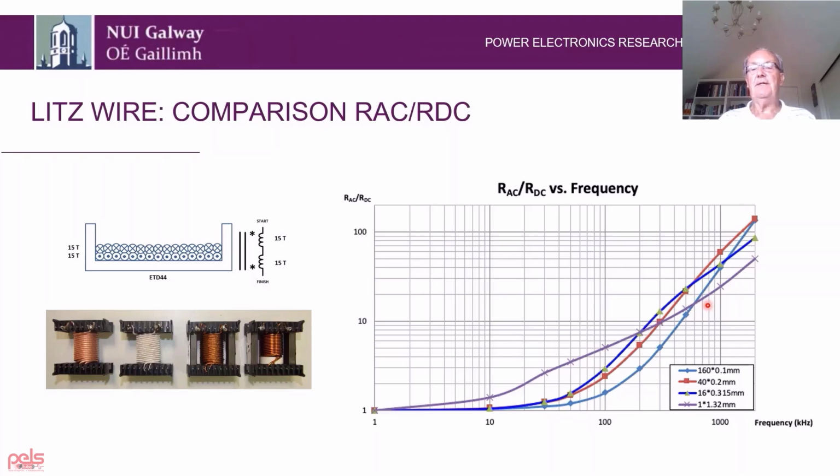And the reason for that goes back to our previous slide, where we have proximity effect between the strands, proximity effect between the bundles, and the proximity effect due to the external magnetic field, which actually wouldn't arise in this case because there is no external magnetic field. But nevertheless, we see the issue here.